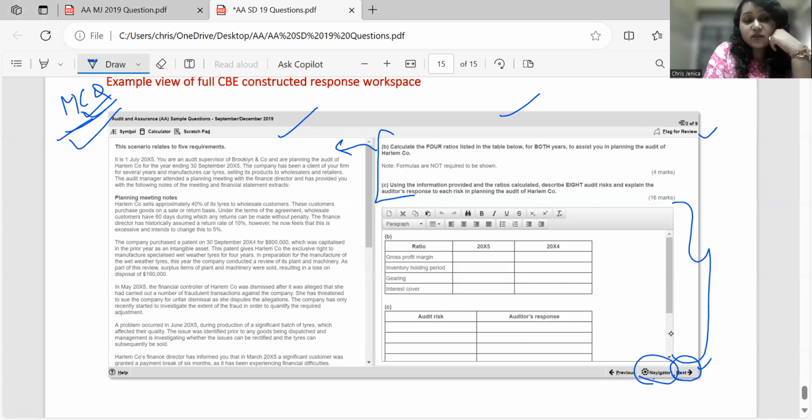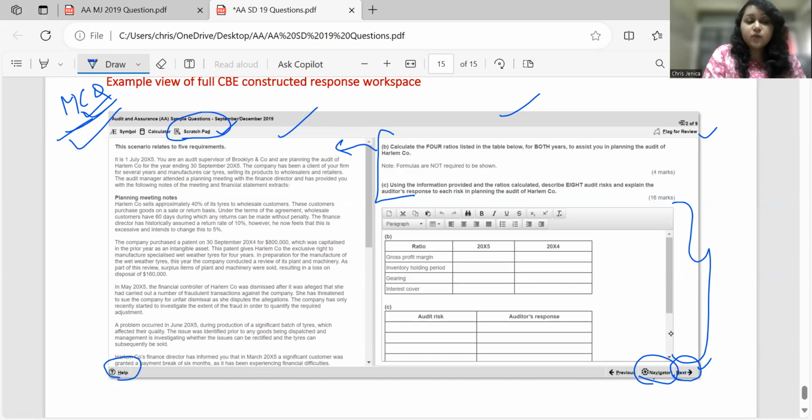And you have the calculator and scratch pad. You will be given scrap paper as well, and you have a scratch pad in case you want to list out some points so that you don't forget them. You can use this and write on it, but remember that any points listed on the scratch pad will not be given marks. The examiner will not evaluate anything that has been written on the scratch pad.